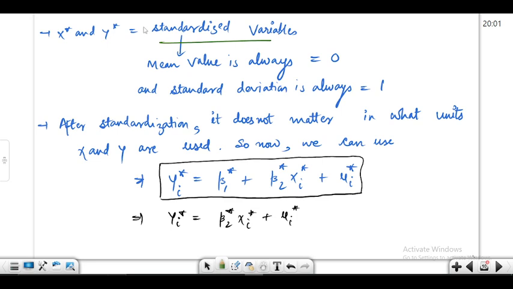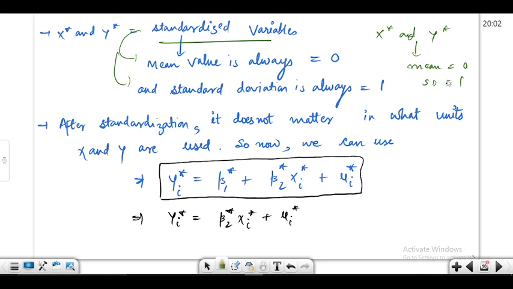These two properties hold for standardized variables. The mean value of a standardized variable is always equal to 0, which you must have learned in your stats lessons also, and the standard deviation is always equal to 1. So x star and y star have mean equal to 0 and standard deviation equal to 1.